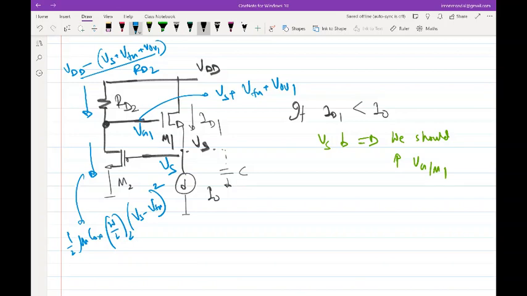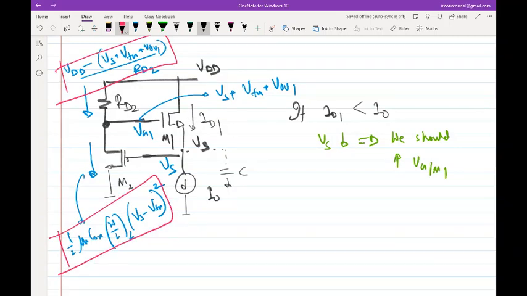Yes, so you equate these two expressions, and then you get Vs. Correct? So once you know Vs, you essentially know both the node voltages. If you know Vs, you know Vg. So if you know Vs and Vg, you know the condition on M2.